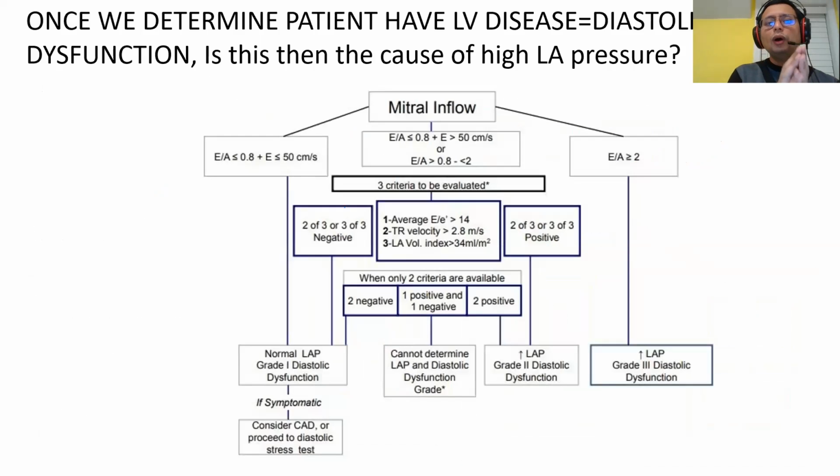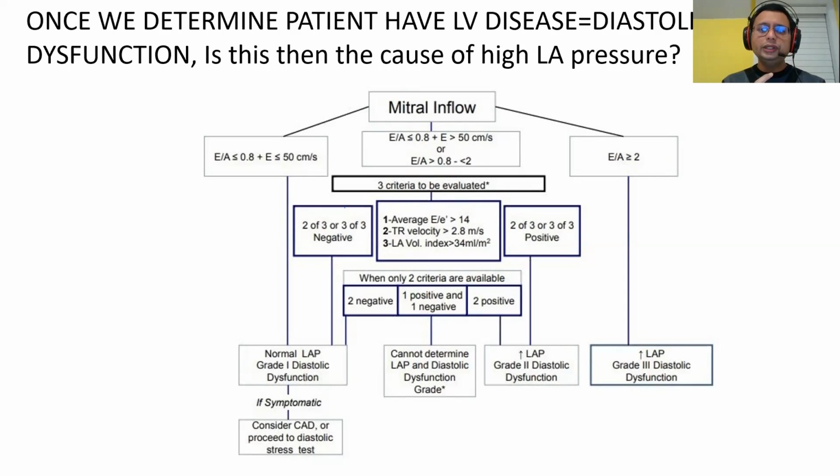Now, once we determine the patient has diastolic dysfunction, either from algorithm 1, or because they have diseased myocardium, like we said before, reduced EF, abnormal wall thickness, and regional wall motion abnormalities, then we decide, is this diastolic dysfunction bad enough to cause an increase in left atrial pressure.